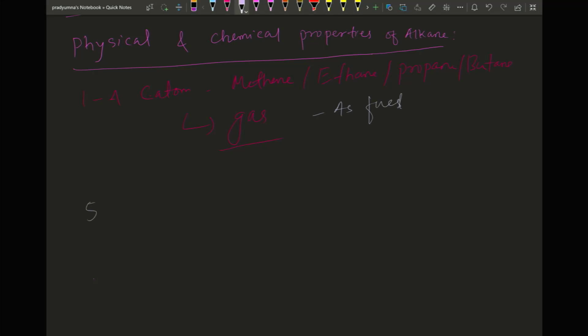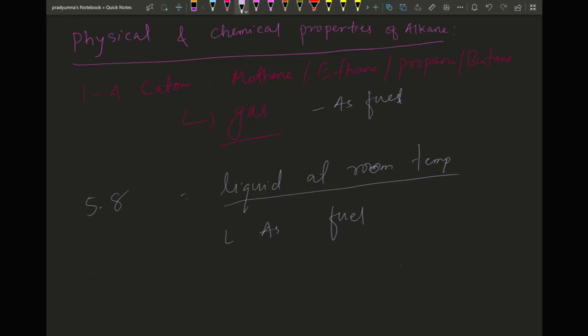If it's between 5 to 8 carbon atoms, like pentane, hexane, heptane, and octane, these are liquid at room temperature. They are also used as fuel, in our vehicles, flights and all those things, right?